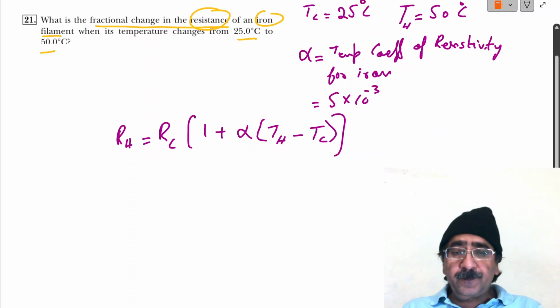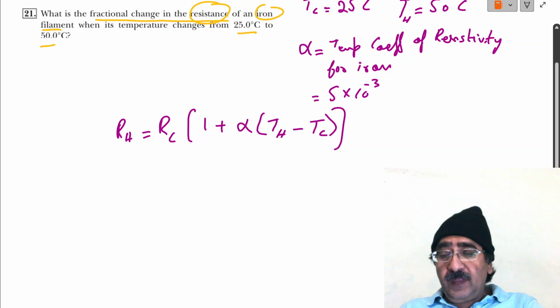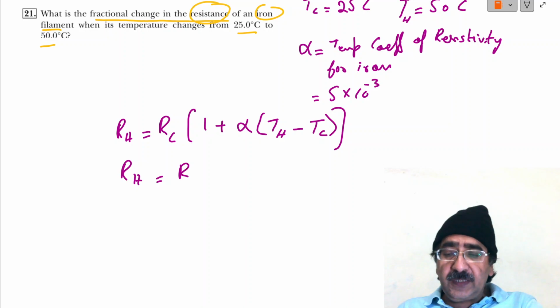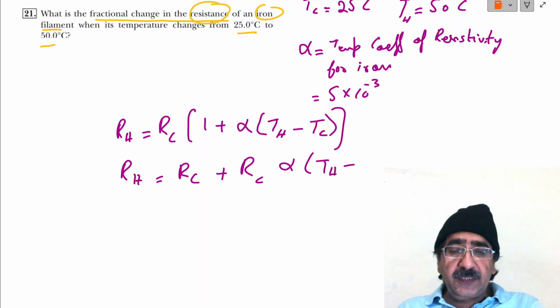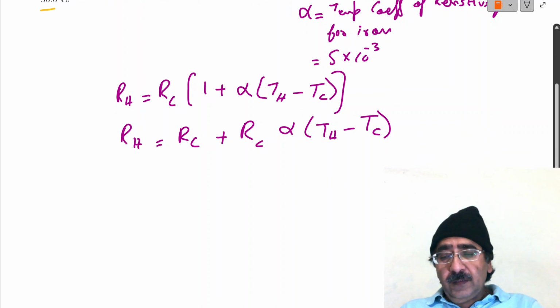So from here we may calculate: R hot equals R cold plus R cold into alpha into T hot minus T cold.